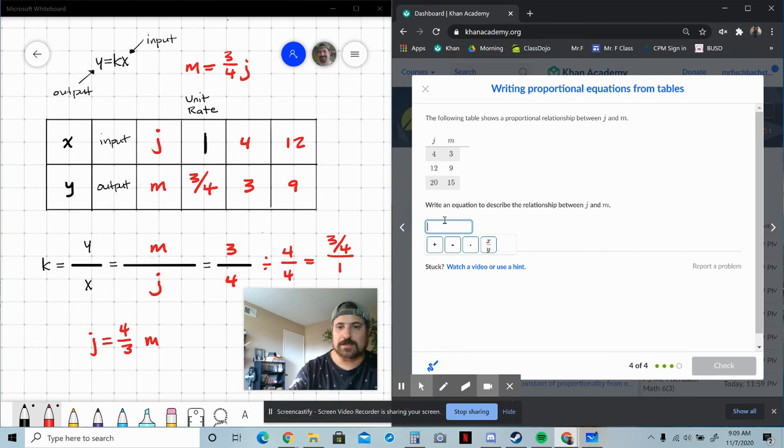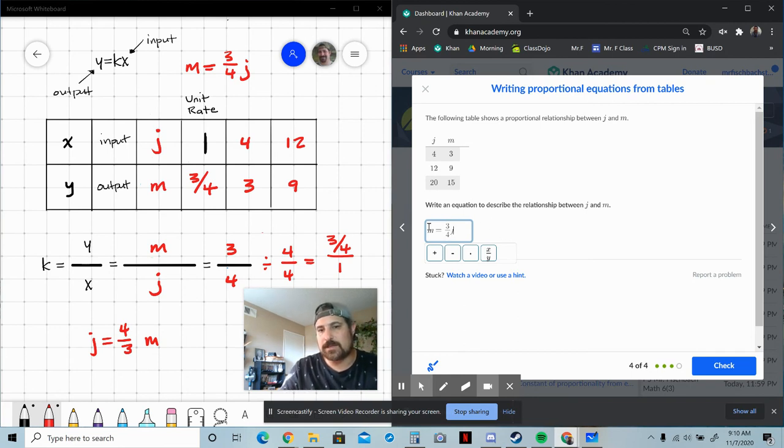And so this would be the equation m is equal to 3/4 times j. Okay, so that's it. If you were to do the ratio of output to input, m over j, throughout the entire table, you'd always get 3/4. And that's how you do the problems.